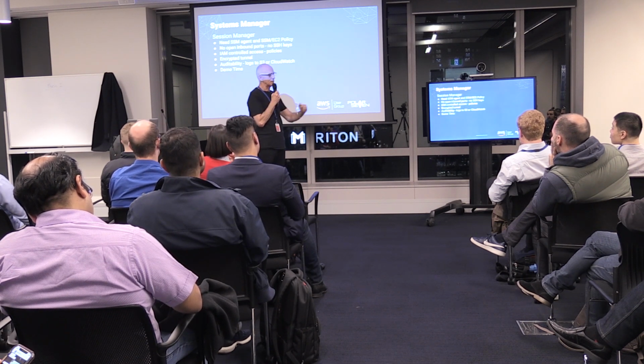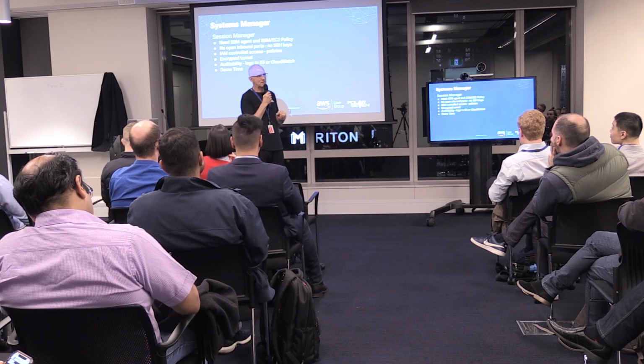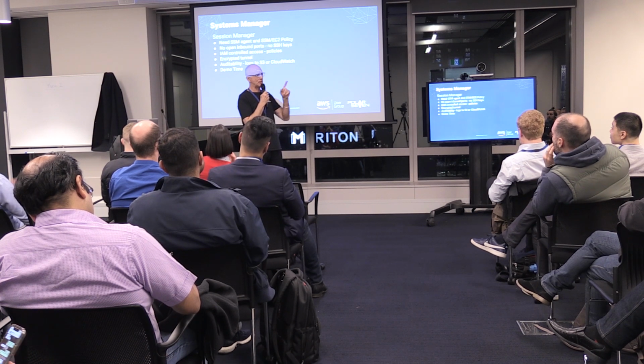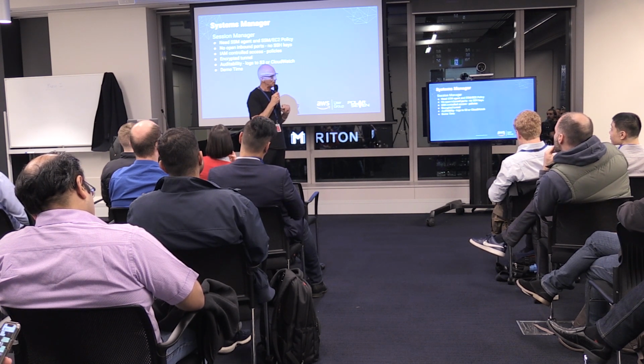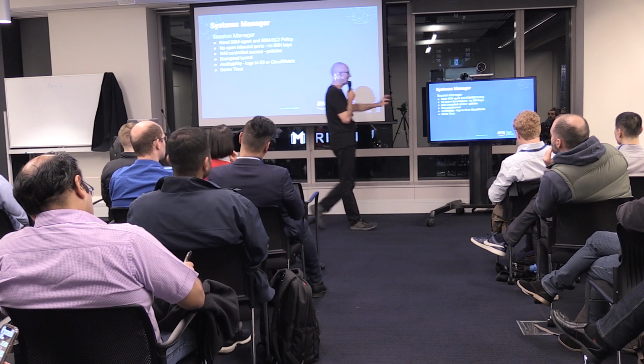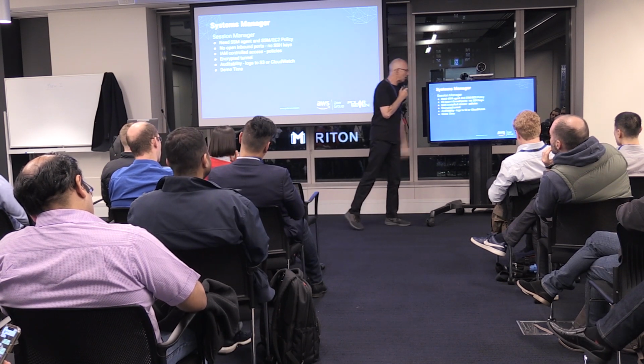So I'll show you in a minute that when you actually log into that instance, there's a user called SSM user, and if you look in its home directory, there's no .ssh directory. It's not using keys that we know of, that we can use. So you don't have to worry about these ports, you don't have to worry about keys. You can just go into the console, use Session Manager, and log into instances.